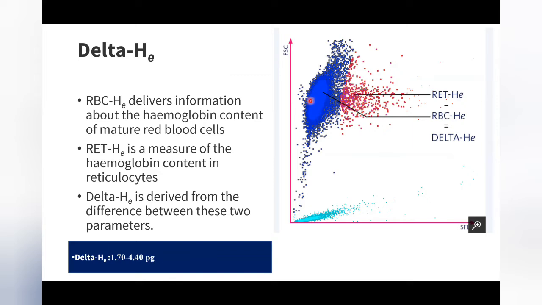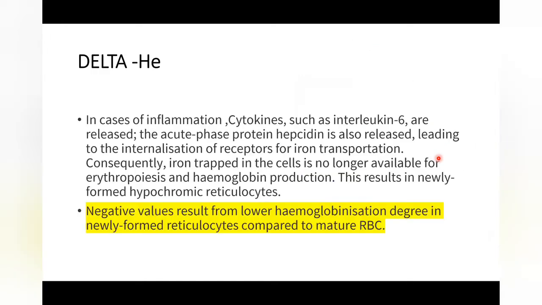If you take RBC hemoglobin and reticulocyte hemoglobin and subtract the two, this gives you a parameter called delta He, with a value of 1.7 to 4.4 picogram. This gives very good information about how much hemoglobinization there is in the reticulocyte. The utility is that whenever a person has inflammation, a lot of cytokines are released, like interleukin 6.